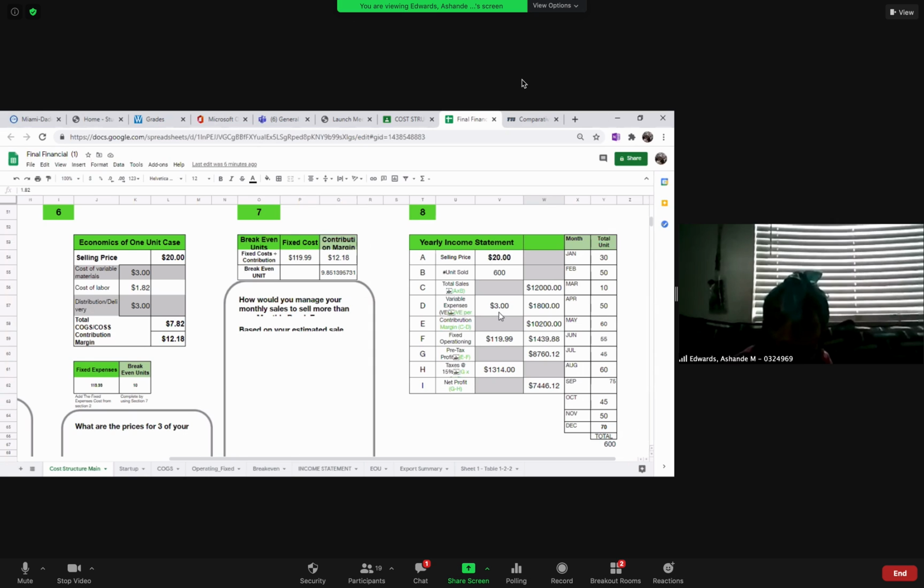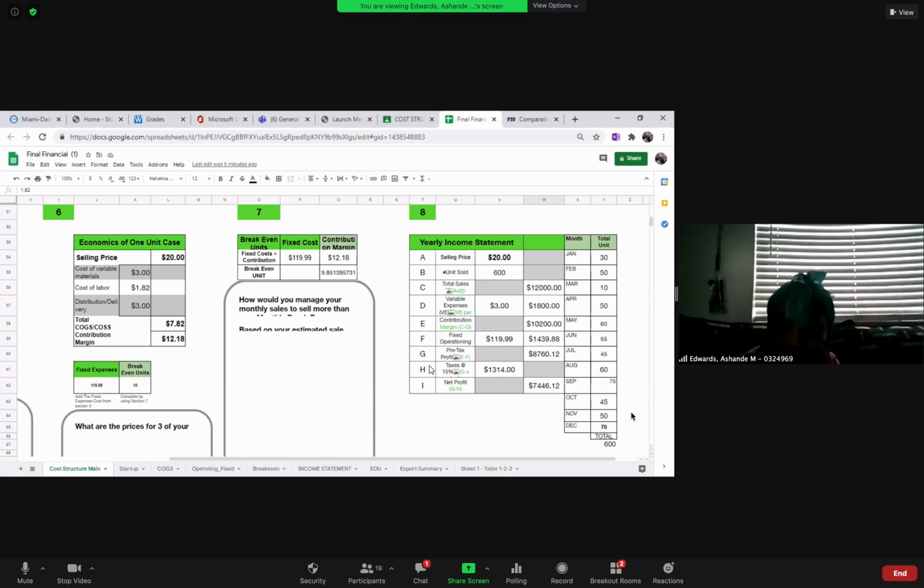Then this is my variable expenses, and I think it did the math for me, so I don't know the math here because I can't see it, but it did the math for me. And then I did contribution margin, C minus D, which gave me 10,200. Fixed operation, which is the one at the top, 119.